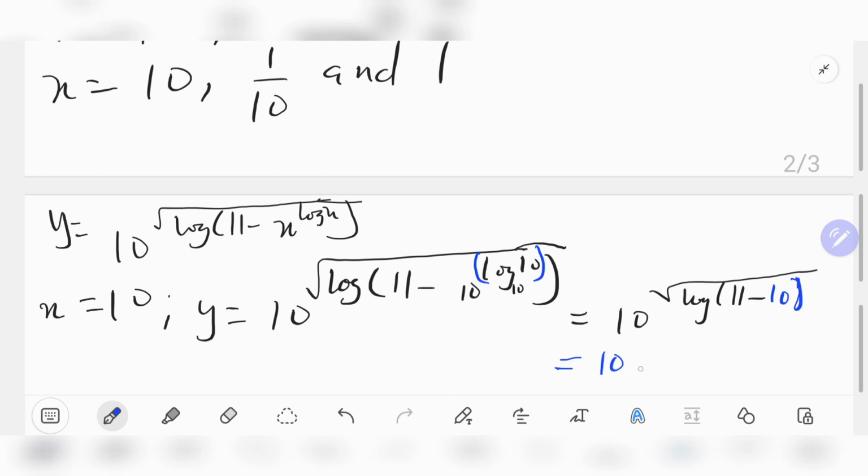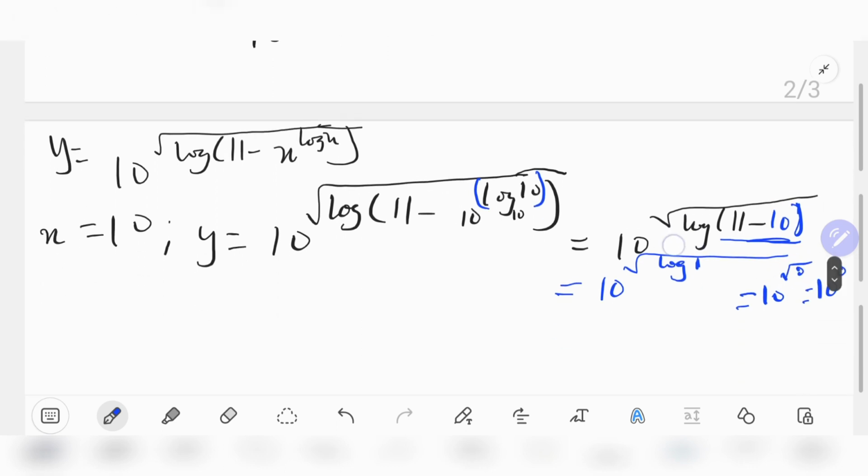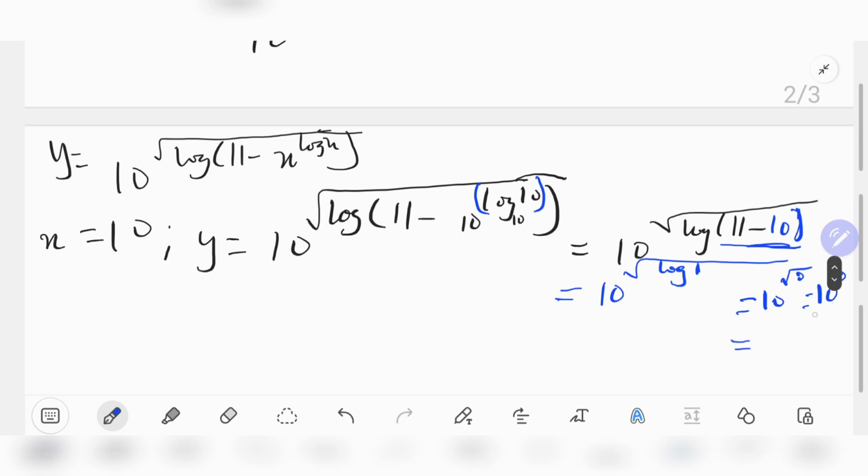So it's going to give us 10 raised to the power square root of log 11 minus 10 is 1. So we're going to get log 1, which is 0, so square root of 0, which is 10 power 0. And then 10 raised to the power 0 is 1. All right, so it means when x is equal to 10, y is also going to give us 1.